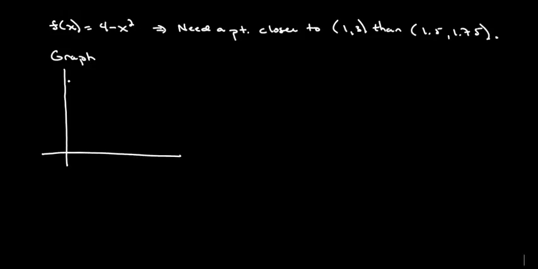So this is just a quick sketch of what that looks like. Here's 4, here's the value 2. Now here's 1, and so we know that if we follow that up to the line, the function value at 1 is 3.